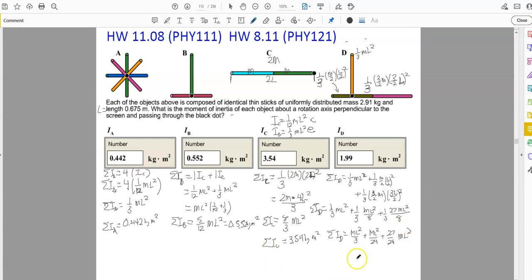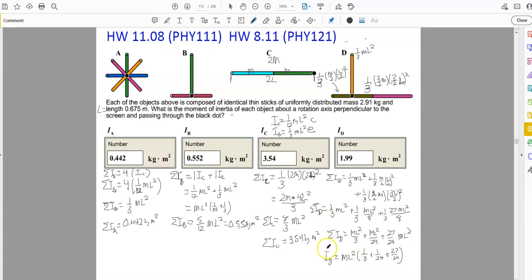Phew! All right. Just to make it a little easier to do the math, I'm going to pull out an ML squared and just do 1/3 plus 1/24 plus 27 over 24.